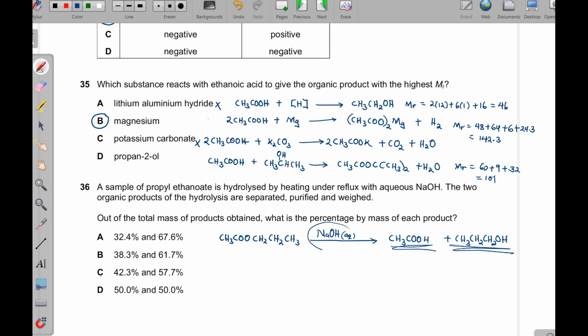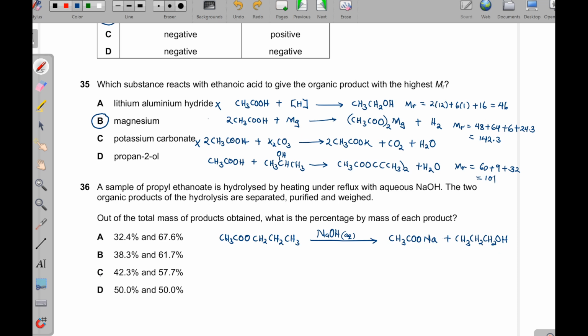But then, due to the presence of the sodium hydroxide here, it will react with that acid and you form a salt here. You see that? So, when it forms a salt here, these are the two organic products we are having, the salt here and then the alcohol.